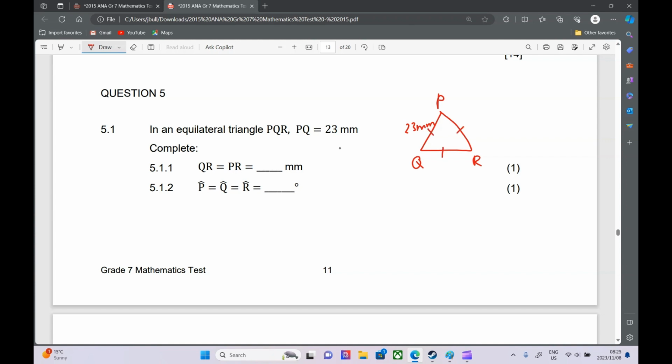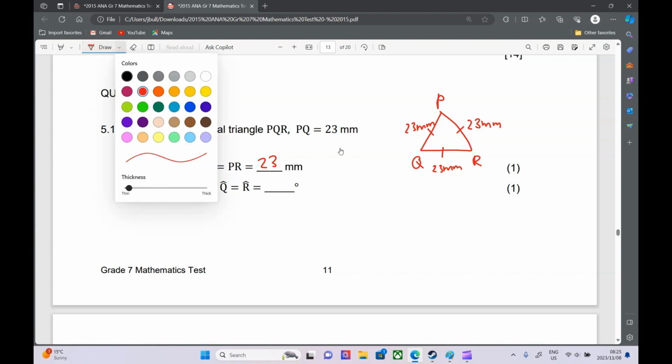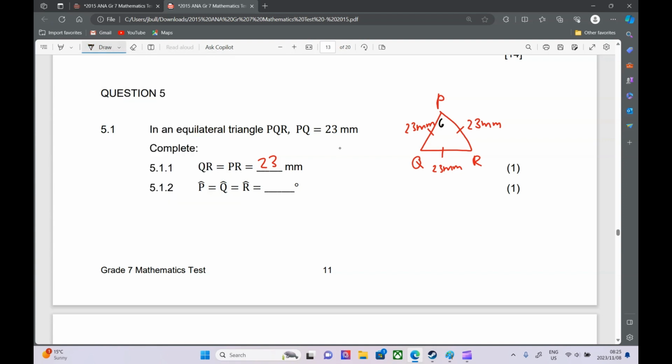So every single side here is going to be 23. They're just testing that you know that. So they are all 23 millimeters. And also, in an equilateral triangle, this is something else you need to know, every single angle is 60 degrees. It doesn't matter what the sides are, the angles are always 60 degrees.